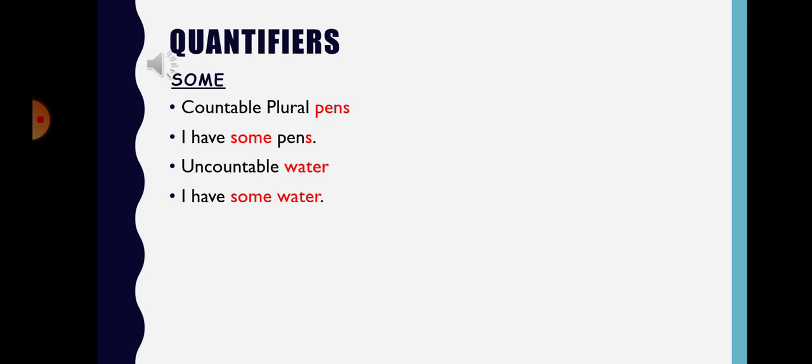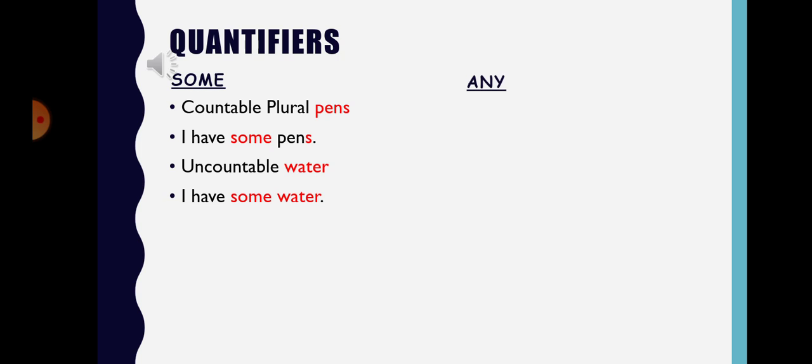Some water. So again, some, we can use it with the countable and the uncountable. But if I have a countable thing like pen, I cannot say I have some pen. No. I have some pens.